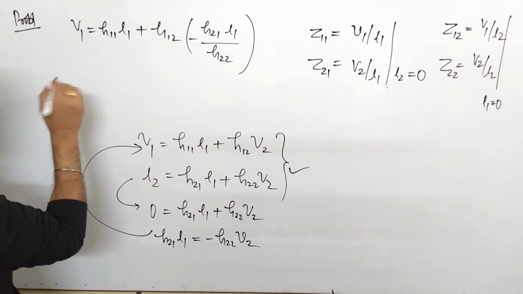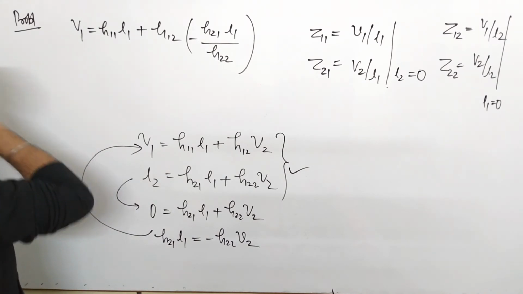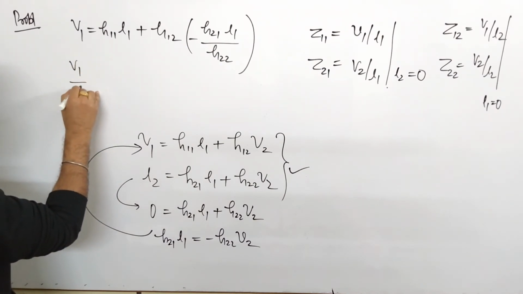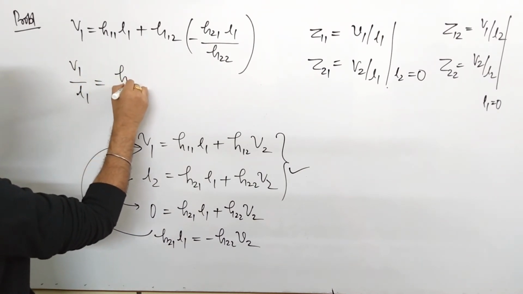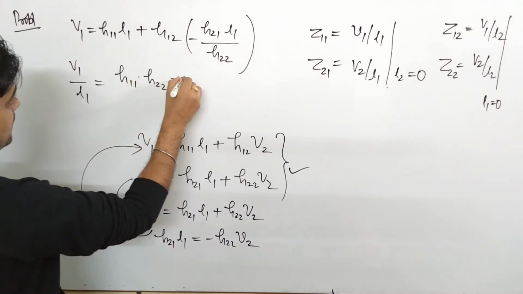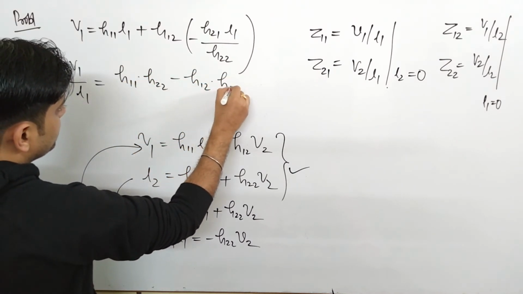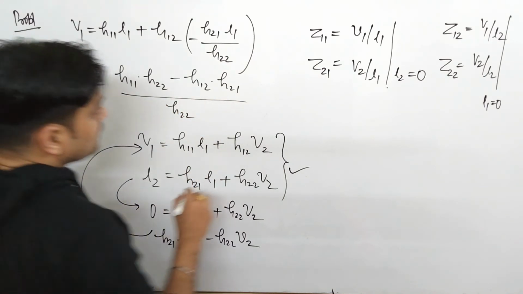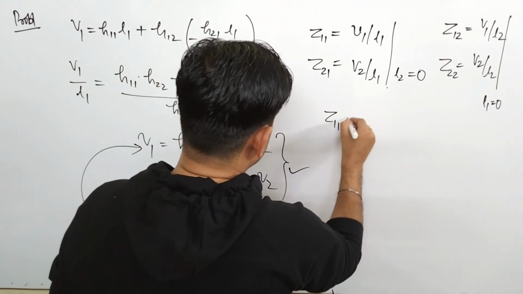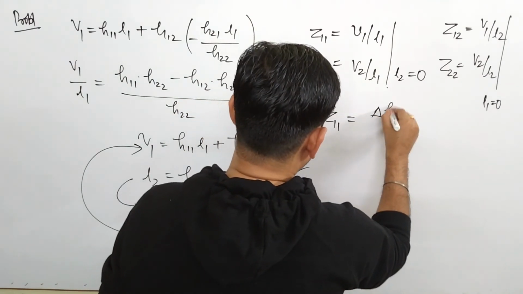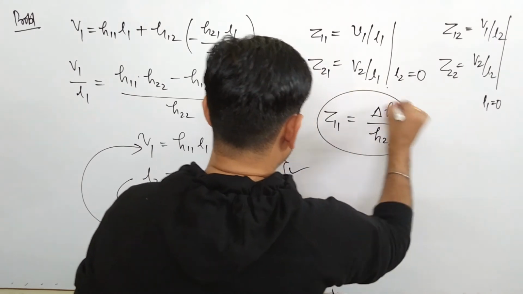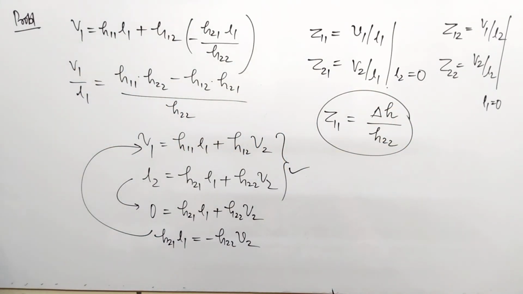Now if you solve this, v1 upon I1 comes to be h11 h22 minus h12 h21 upon h22. So z11 is equal to del h upon h22. This is our first value.